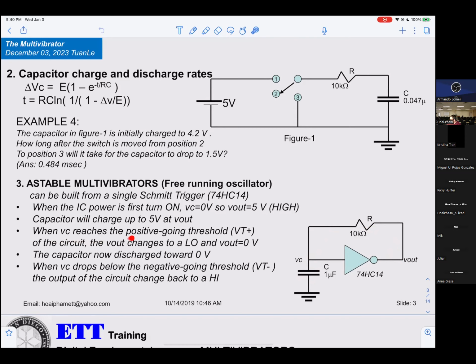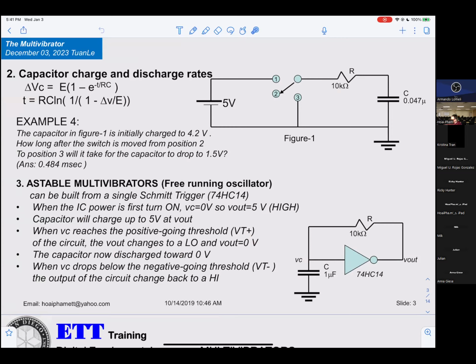When VC reaches the positive-going threshold, VT plus, of the circuit, V out changes to low, and V out equals 0. You know what that means for VT plus. For TTL logic, logic 1 is 2 volts up to 5.5 volts, and logic 0 is less than 0.8 volts.